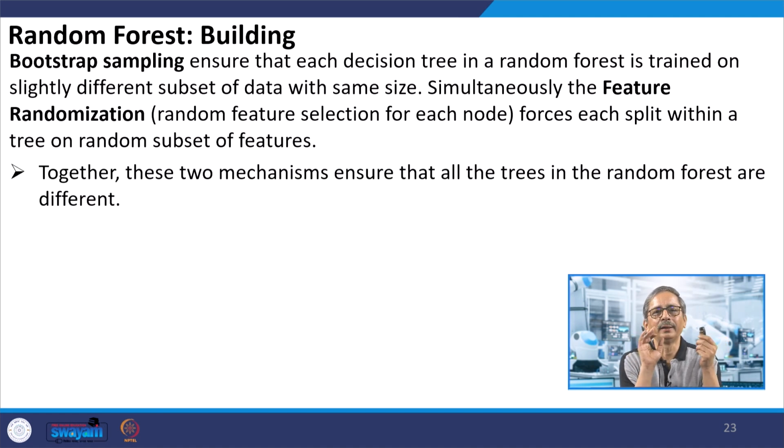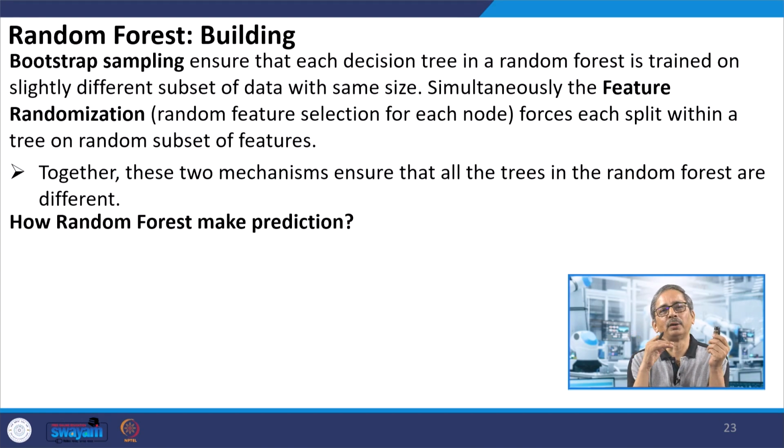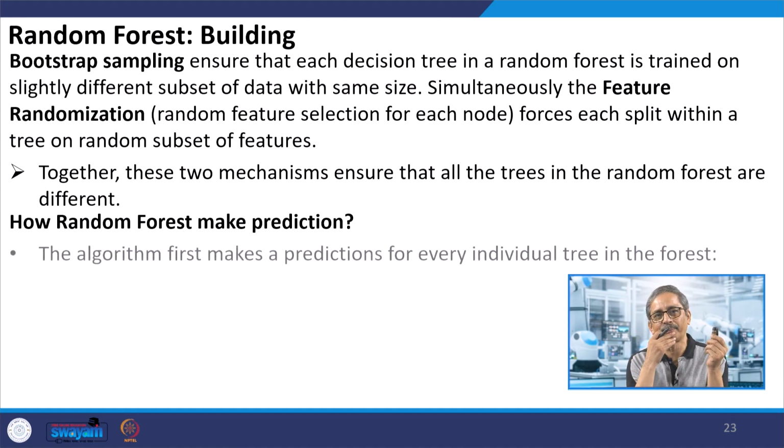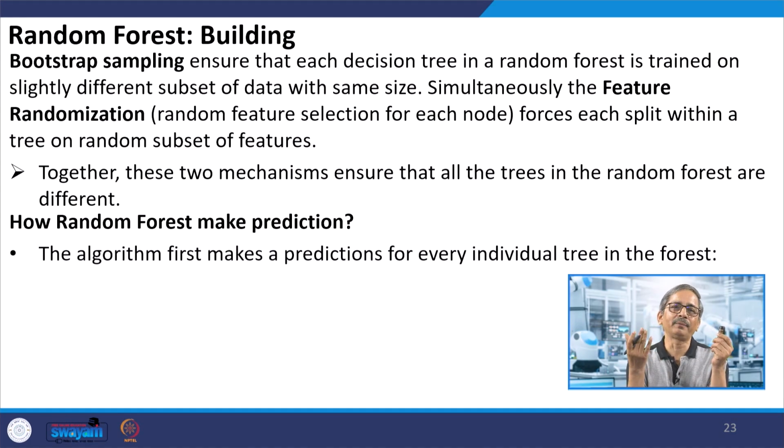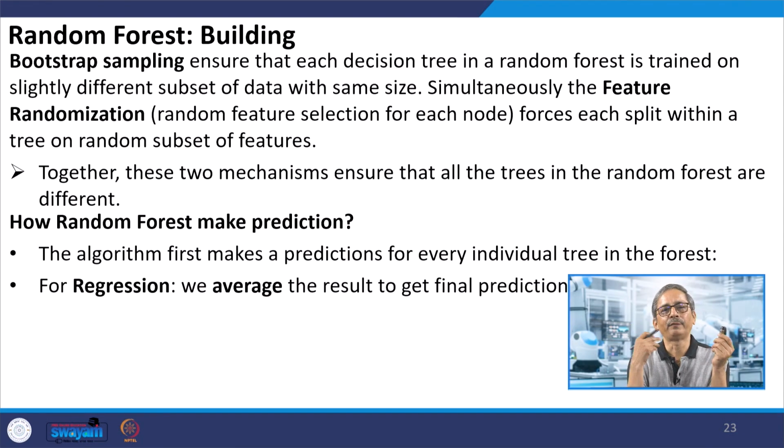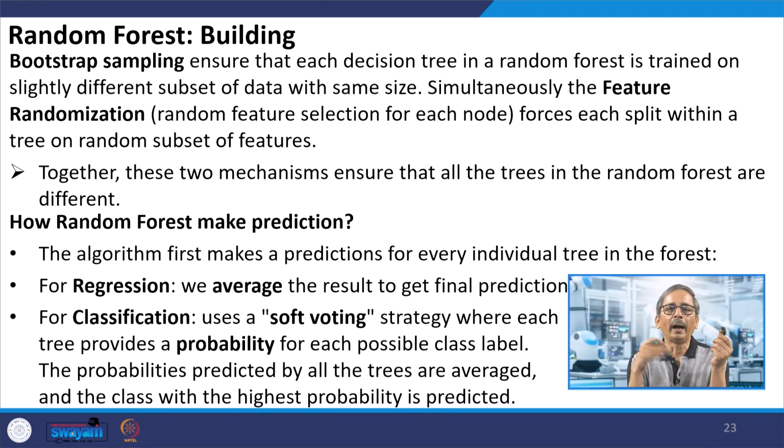Together, these two mechanisms ensure that all the trees in the random forest are different. So, how does this random forest make a prediction? The algorithm first makes a prediction from every individual tree in the forest, then for regression we average the results to get the final prediction, and for classification we use the soft voting strategy.